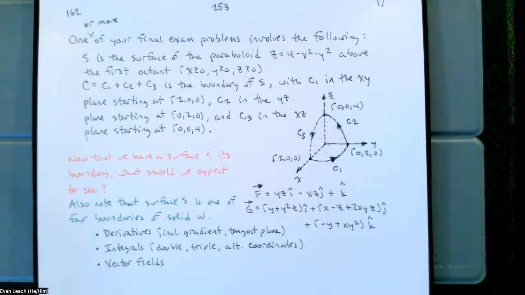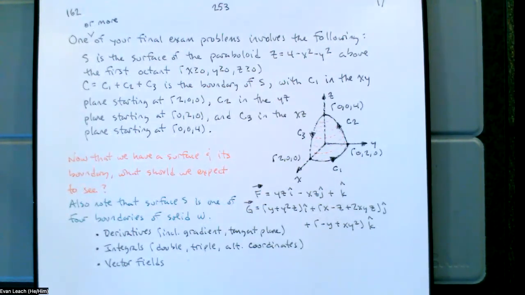All right. So that's your task. One or more of your final exam problems most definitely involves this object, this surface, this boundary, and the solid that the surface contains. The other three boundaries are going to be the XZ plane, the YZ plane, and the XY plane. I want you to look at these two vector fields and decide which one you like more.